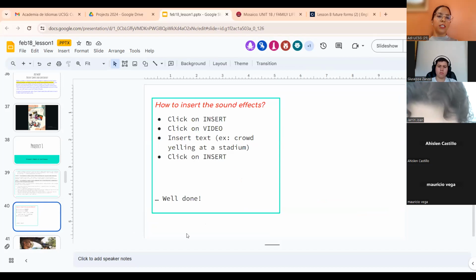Since you're going to do it on Google Drive, how can you insert the sound effects? Here are the steps.